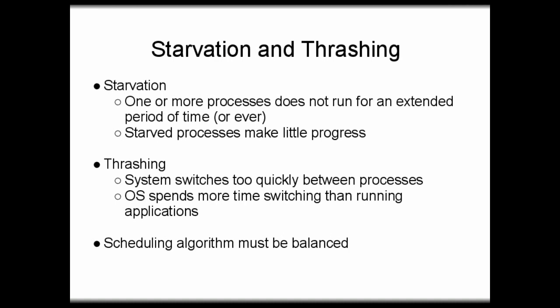At the opposite extreme, if the system switches too frequently between processes, the operating system will spend more time managing and scheduling processes than the processes will spend running. This situation, known as thrashing, is bad for system throughput. The scheduling algorithm used in CPU scheduling must strike a balance between these extremes, preventing starvation while avoiding thrashing.